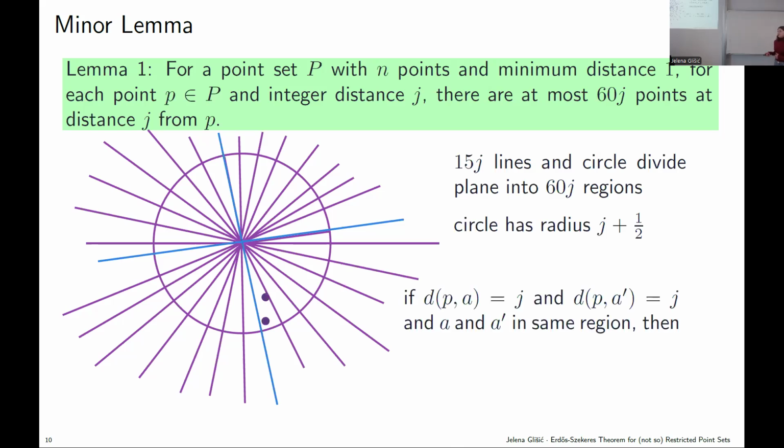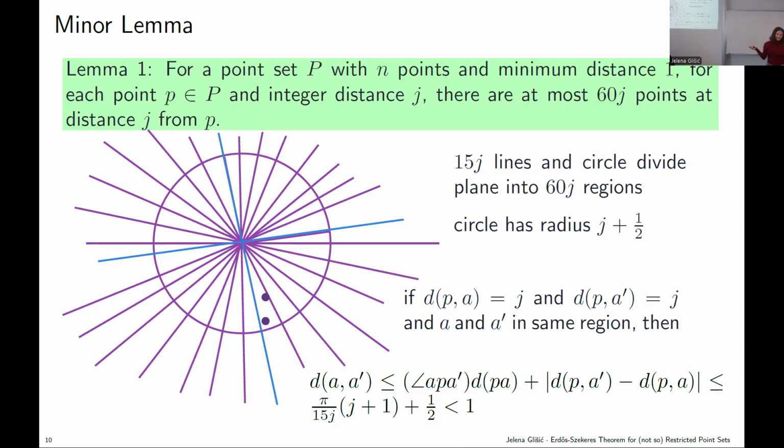And you can see that if I have 2 points which are in the same region and at the same distance, then you can do some calculations, I don't want to go through them, and see that the distance between these 2 points will be strictly smaller than 1. So this is just a lemma we will use. Just remember that for any fixed distance, we have at most 60j points at this distance.